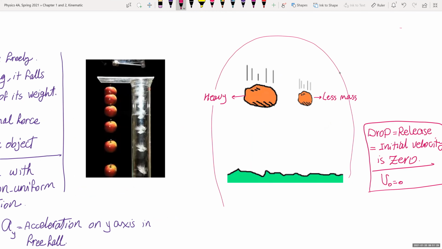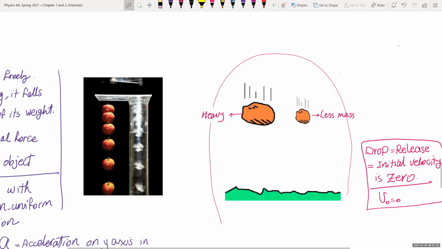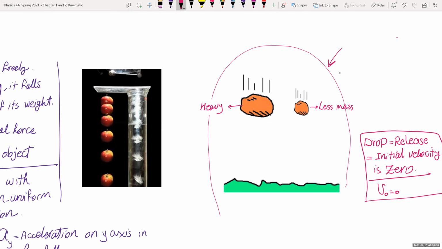So in this picture here, what do I see? If you have two objects, one heavy, one lighter, when you drop them both at the same time, pay attention, they will reach the planet surface both at the same time, and even with the same speed.